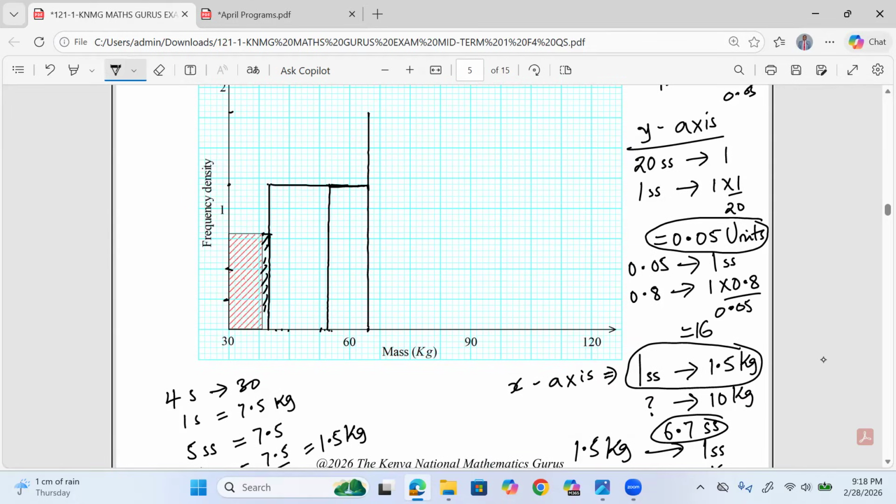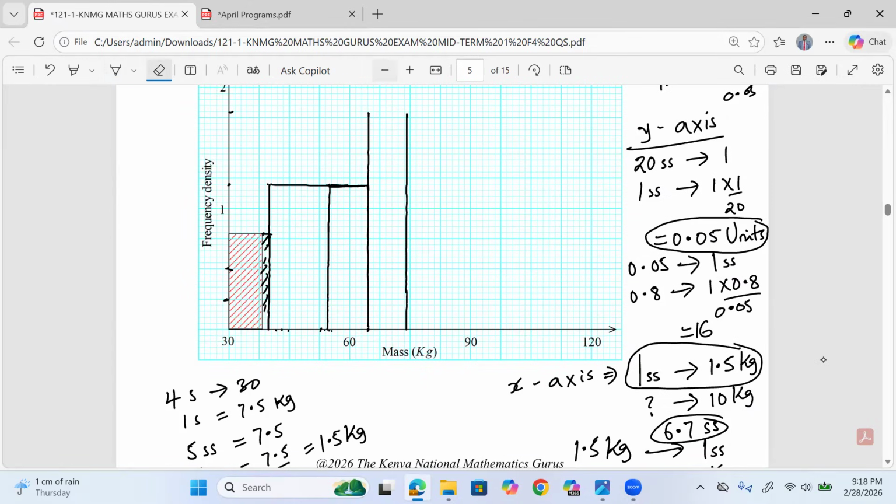We are already having 2 here. We add 4 and some portion. Height 36 small squares. I hope that one is well visible.